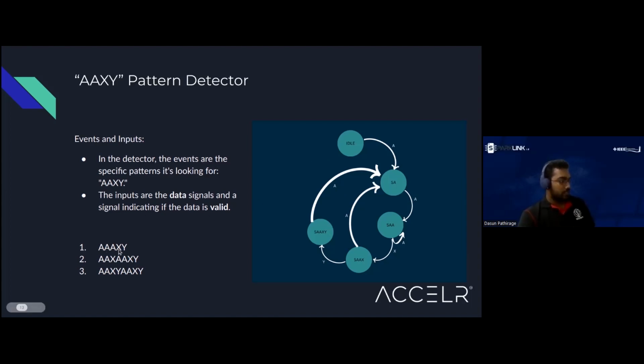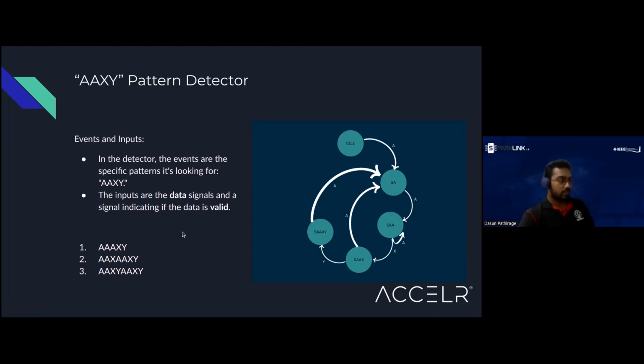Let's consider you are receiving this kind of pattern: A, A, A, X, Y. Here you can see there are 3 A's, so it is not a pattern as is, but without this extra A, this is the pattern that we need to detect, AAXY. First we receive this A, so we go here.